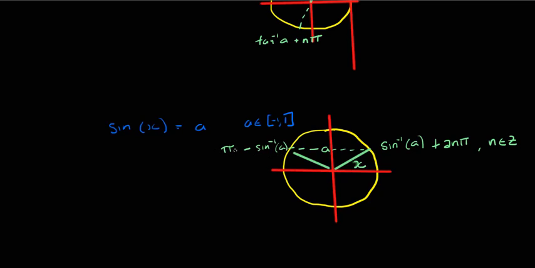Actually, any pi, 3 pi, 5 pi, any odd multiple of pi, so 2n plus 1 pi. And of course, n has to be an element of z.